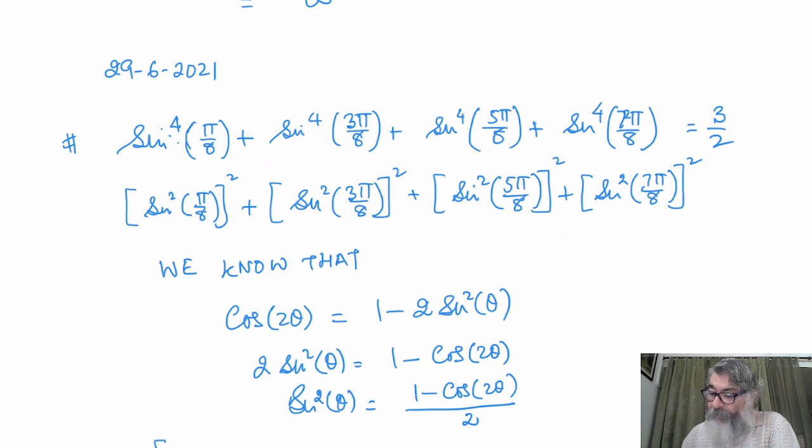Like it is sine square pi by 8, so it will become double of this. When we square it, it will be 1 upon 4. I'll bring 1 by 4 outside.